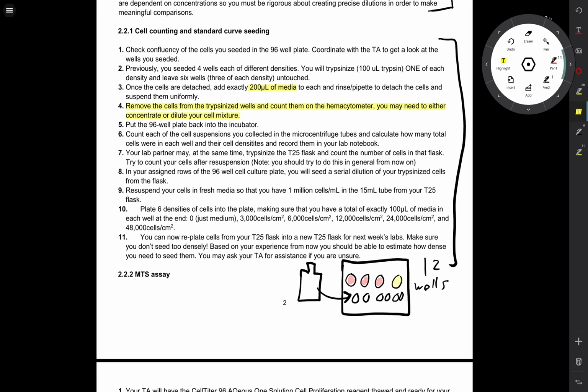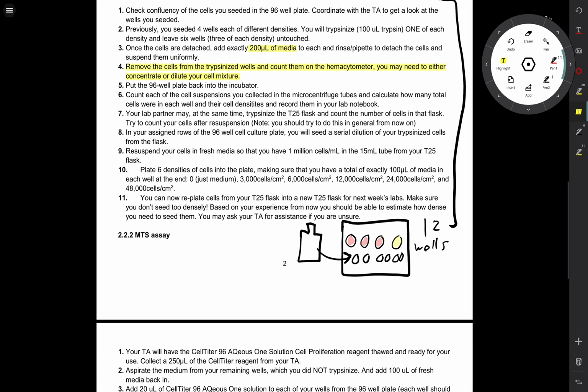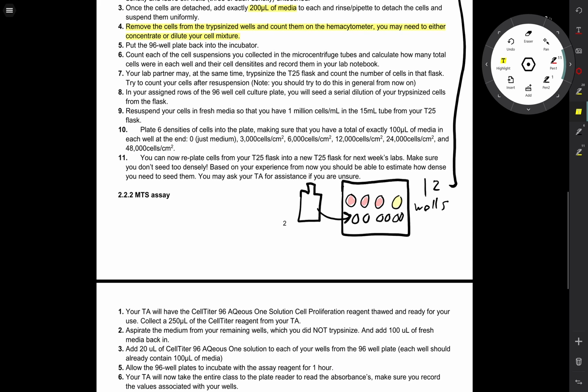That should hopefully be dilute enough where you can get good counts. Otherwise, you'll need to spin it down, remove as much as you can, and resuspend in a smaller volume. But hopefully this 300 microliters is enough.